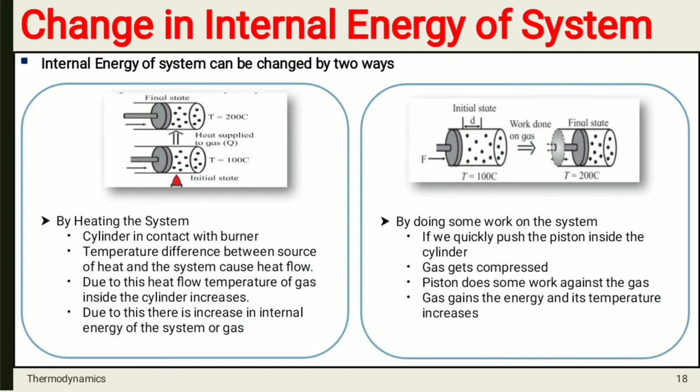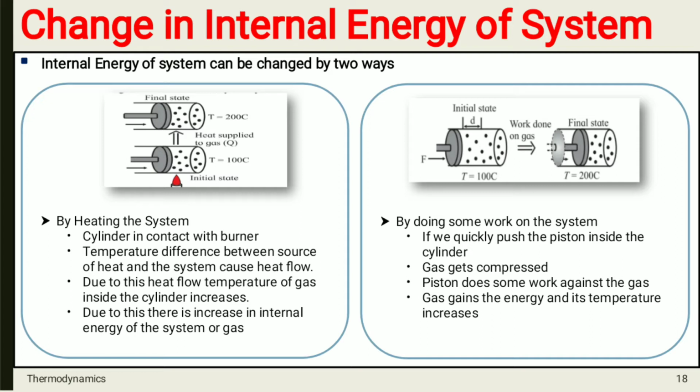So, here the cylinder is provided with a massless, movable and frictionless piston at its end and gas is enclosed in the cylinder. Now, in the first image, you can clearly see that cylinder is in contact with a burner. So, the temperature difference between the source of heat, that is burner, and the system, system is what?